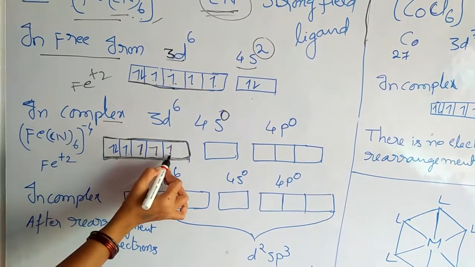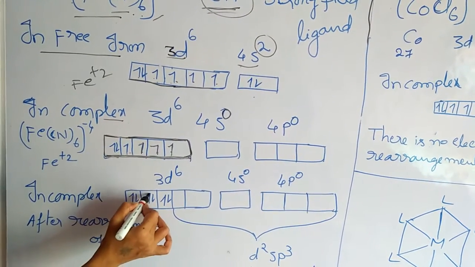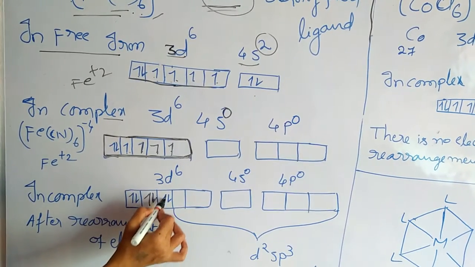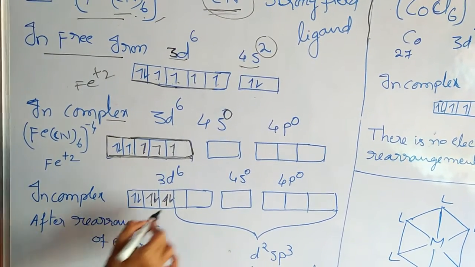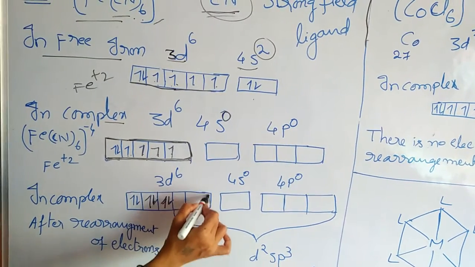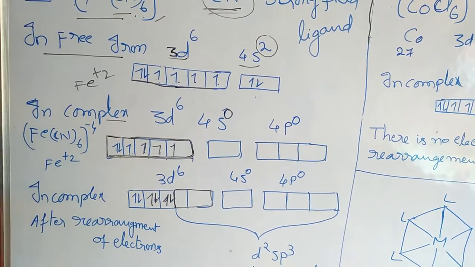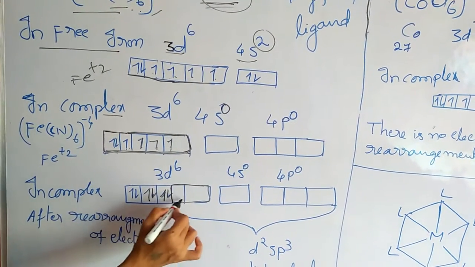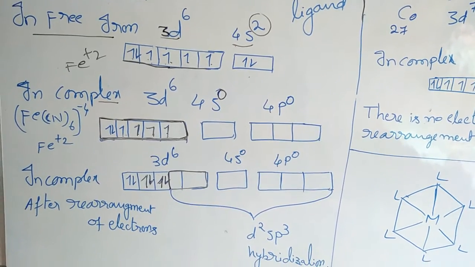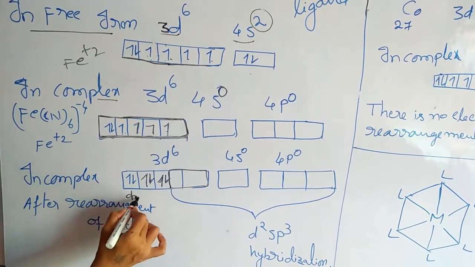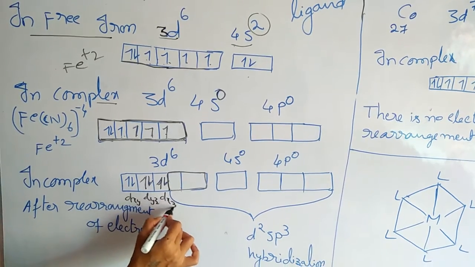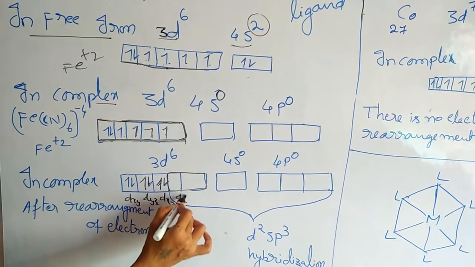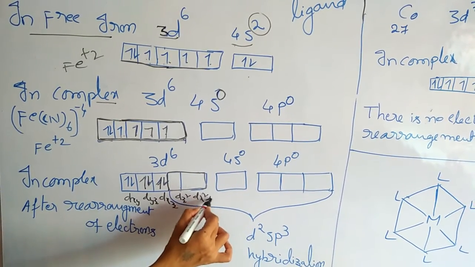These 4 electrons are rearranged and paired up like this. So 2 empty orbitals are now there in the d subshell, among dxy, dyz, dxz, dz square, dx square minus y square.